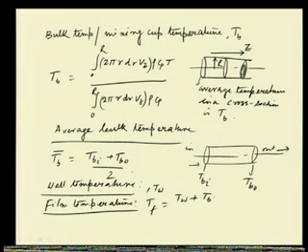I am sorry, it will be T infinity, the free stream temperature. I will come to what the free stream temperature is. So, T infinity is called the free stream temperature, and film temperature is the arithmetic average of wall temperature and free stream temperature.